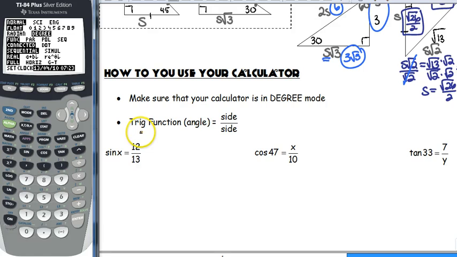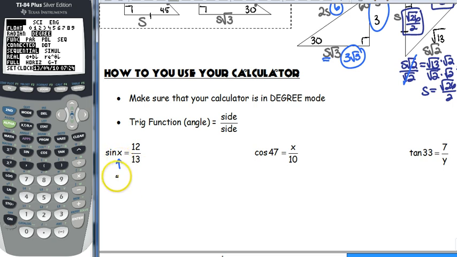When we have trig functions, sine, cosine, tangent, cotangent, secant, cosecant, any of those, it's always whatever your trig function is of the angle set equal to the ratio of the sides. So when I look at my first problem here, I have sine of x is equal to 12 over 13.